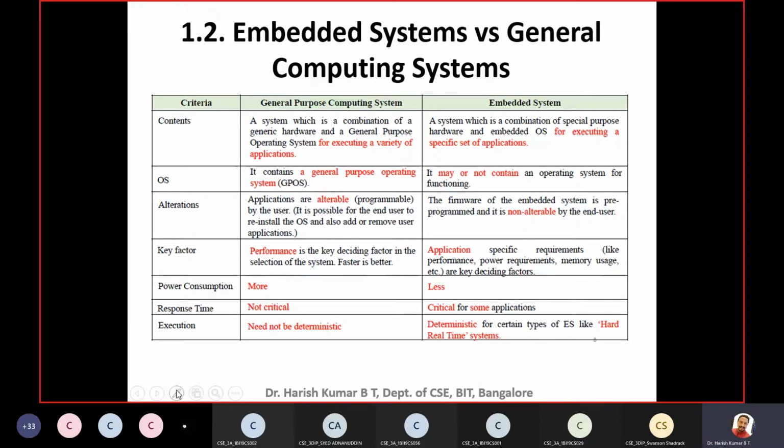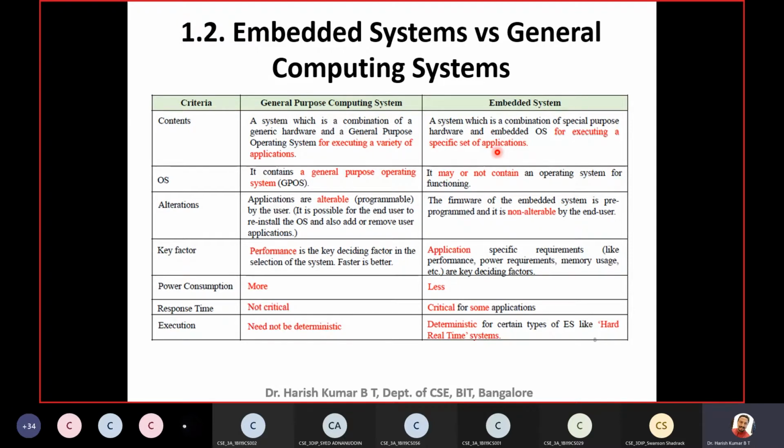Now if you look at the other part, embedded systems. It is not generic hardware; instead it is special purpose hardware, designed or developed to perform only a specific task. It's a combination of special purpose hardware and an embedded operating system for executing a specific set of applications.